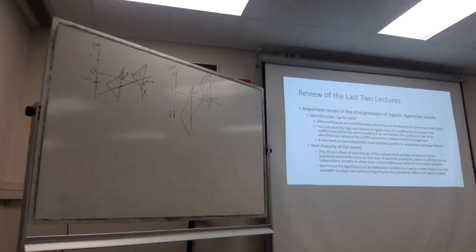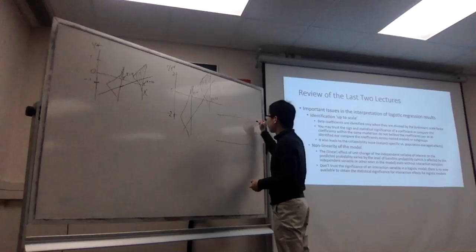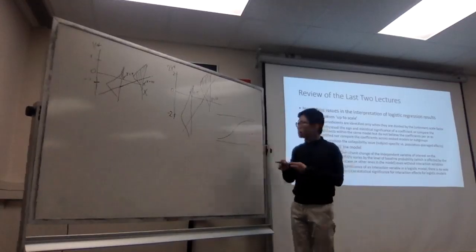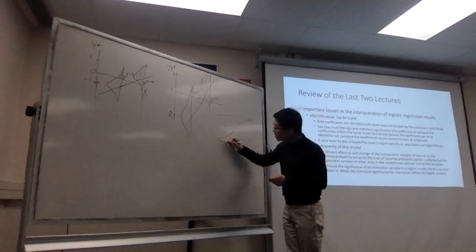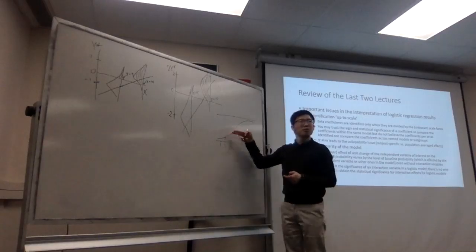The second issue here is the non-linearity of the model. So the linear effect of unit change of the independent variable of interest on the predicted probability varies by the level of baseline probability. So as x increases by 1, the effect size is about here, which is smaller.